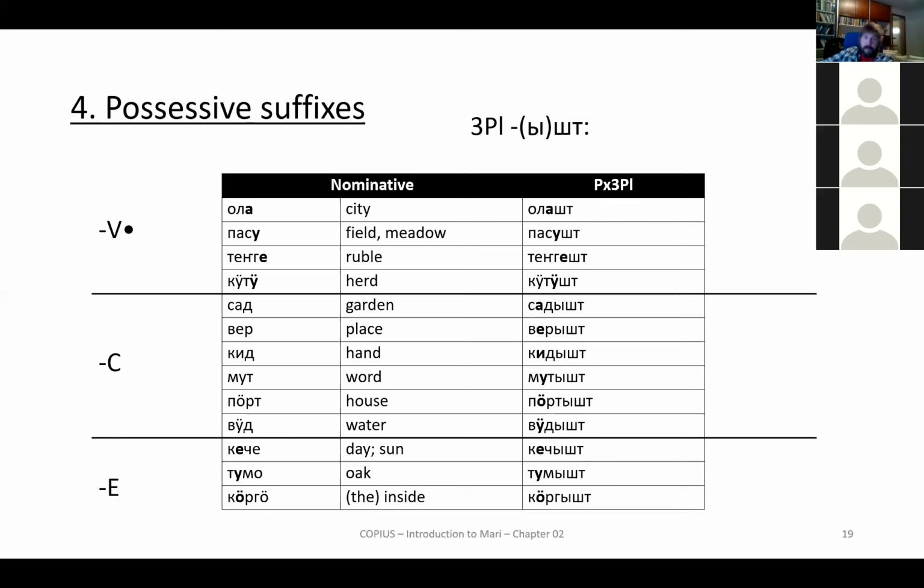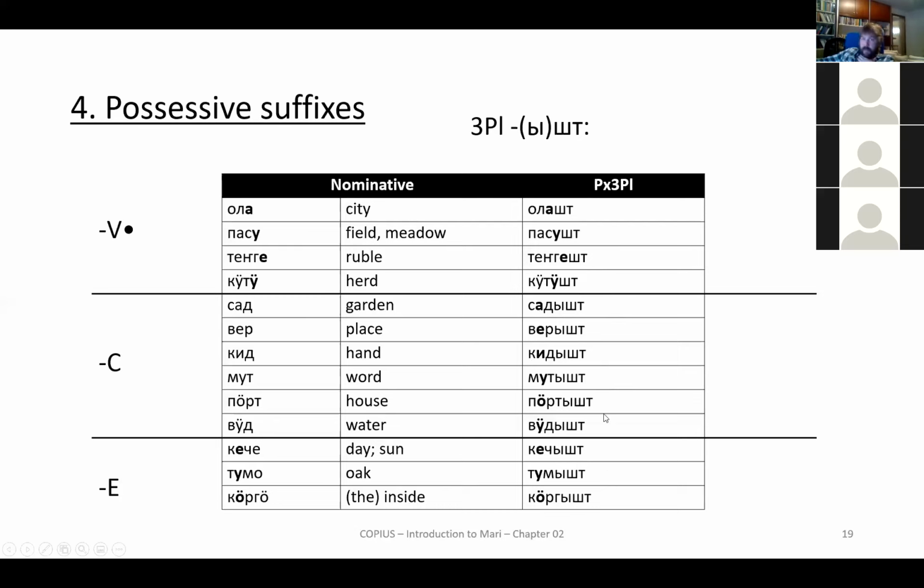So I'm not going to practice it, it's too trivial. Olasht, pasust, tengesht, kutusht, sadisht. Here we need a linking vowel: verdisht, kidisht, etc. And with stems that have a final e or ö that is unstressed, that is reduced: kechisht, tumisht, kurgisht.